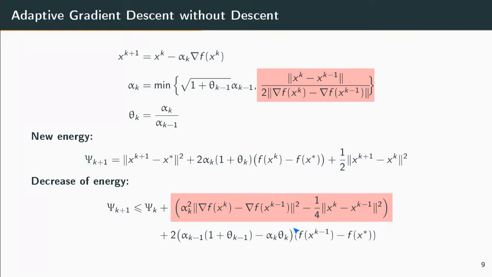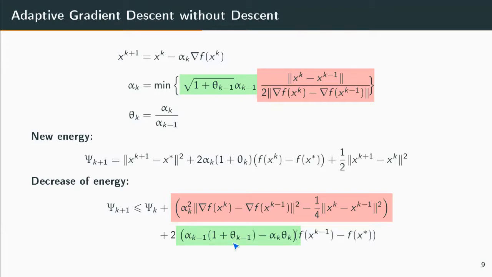Similarly, you want to do it for the second term, the green one. Because f(xk minus 1) minus f(x star) is always positive, you want to make the green term negative.